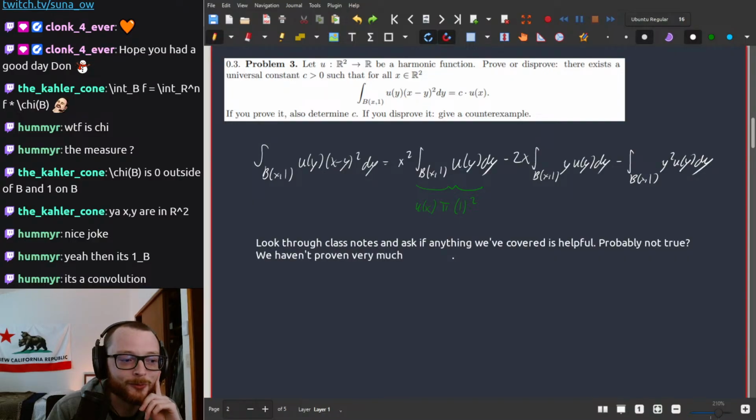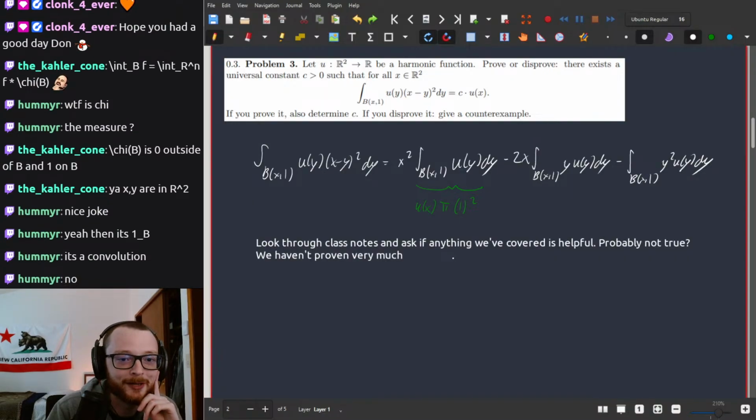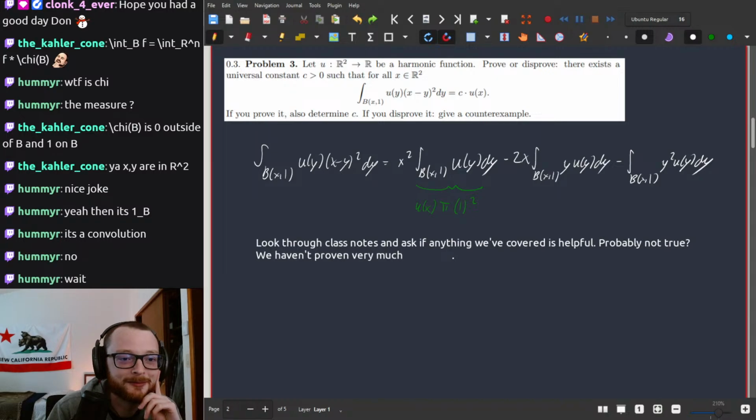I know it's a convolution with y squared, but I don't know what to do with that. The hint he gave me was to look through the class notes and ask if there's anything we covered that's helpful. It seemed like he was implying this is probably not true, but I could go either way.